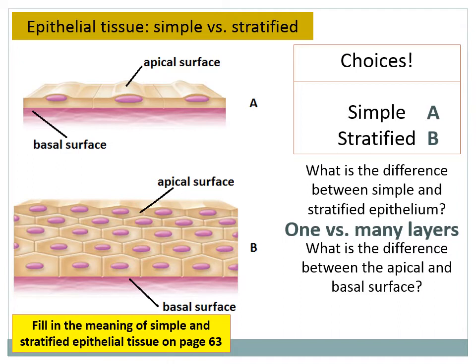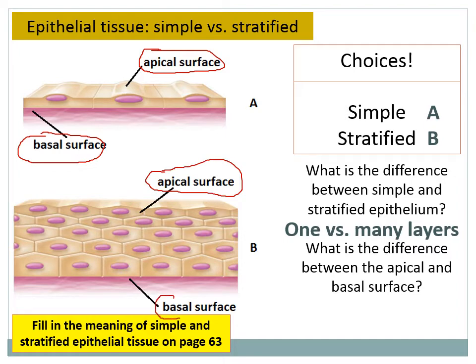We also have this thing called an apical and a basal surface. So here's our apical, and here is our basal surface. We can see it there on that simple one. We can also see it here on the stratified epithelium, so here and here. So what is the difference between an apical versus a basal surface?